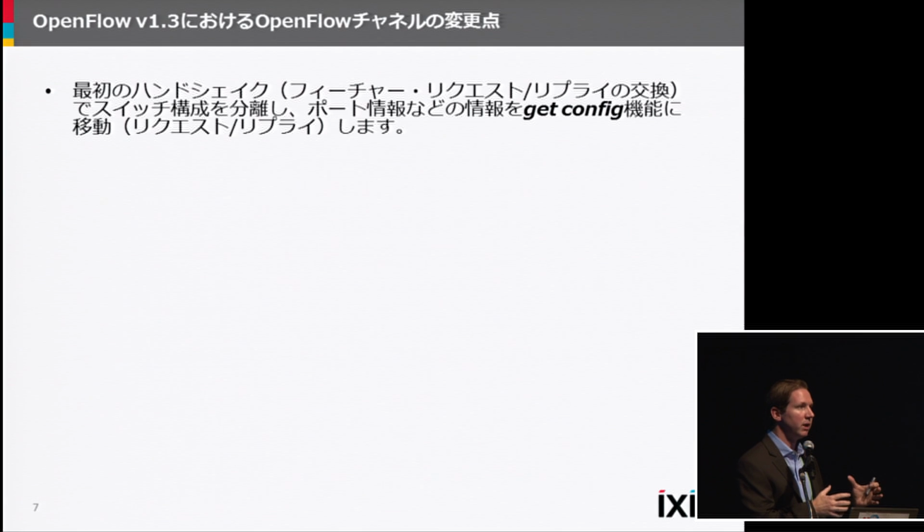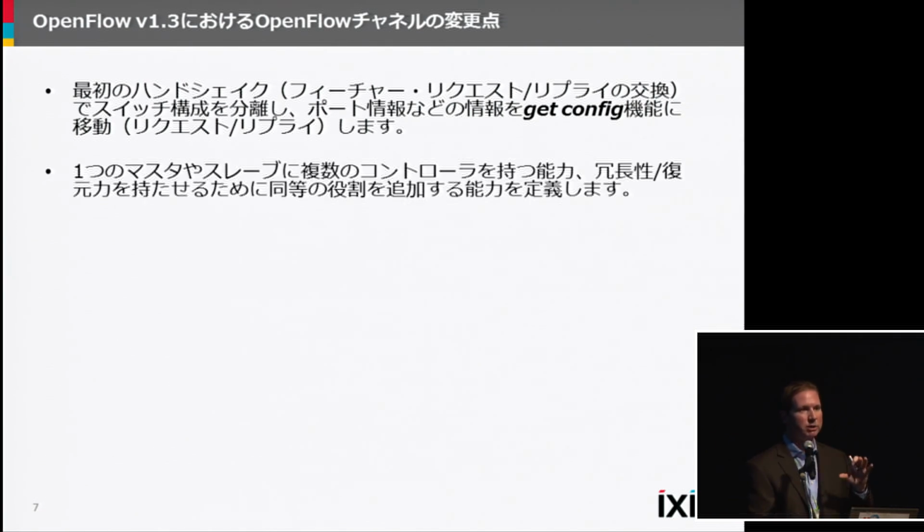First, the switch capabilities have been extended with multiple tables, logical ports, all kinds of different information. So now you can't just use a feature request reply to get all of the information about the switch. There's an extended number of commands known as get config that the controller can use to get all the configuration information from the switch. So it understands its table capabilities. It understands logical ports like tunnel interfaces.